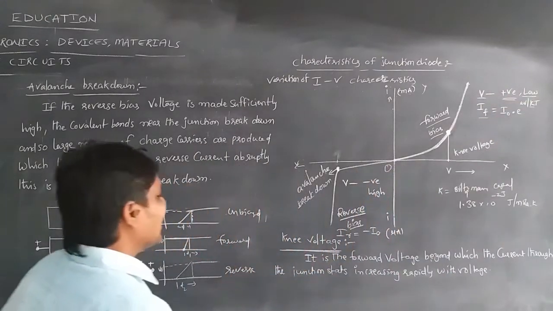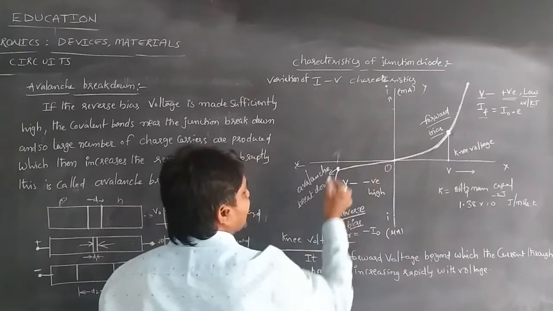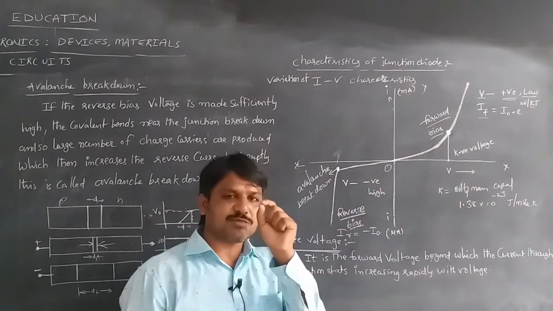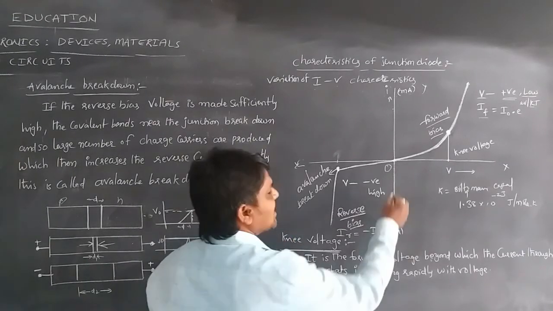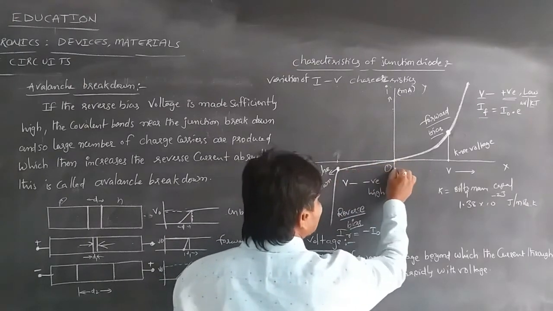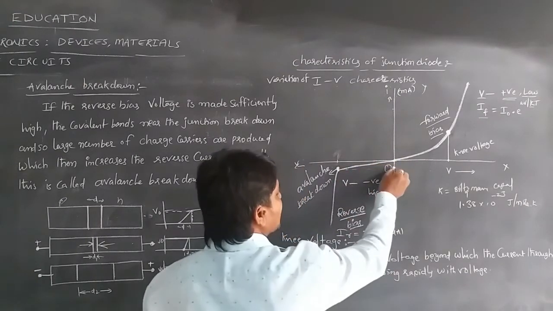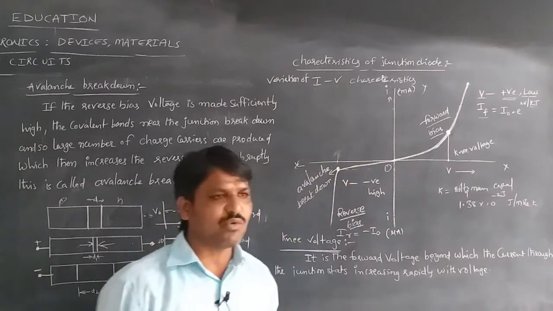In the case of reverse bias, due to the minority charge carriers, a small current flows through the diode, which is the reverse current. It is a small amount of current flowing through the circuit. This small current increases abruptly at some voltage, the breakdown voltage.